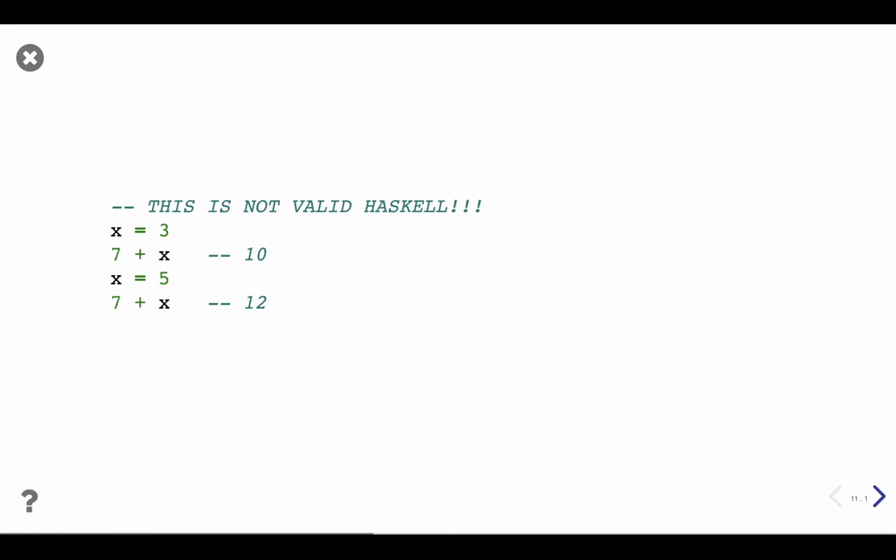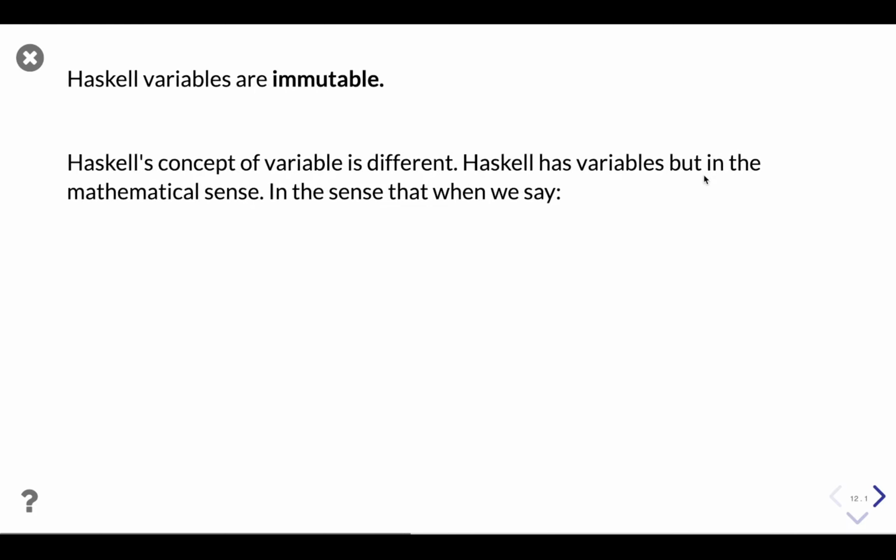But in Haskell, it doesn't work that way. Once you tell Haskell that X means 3, it will mean 3 forever. In technical terms, Haskell variables are immutable. That's because Haskell's concept of a variable is different. Haskell sees variables in the mathematical sense.